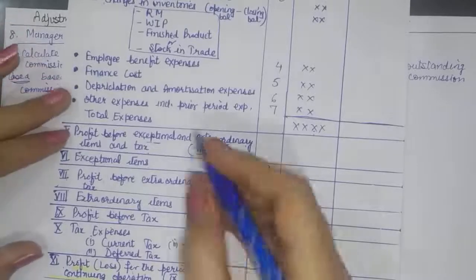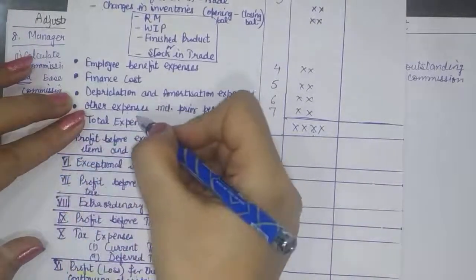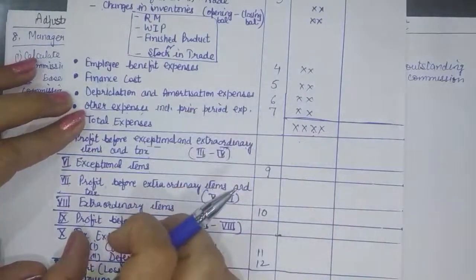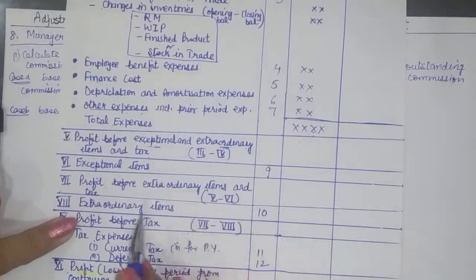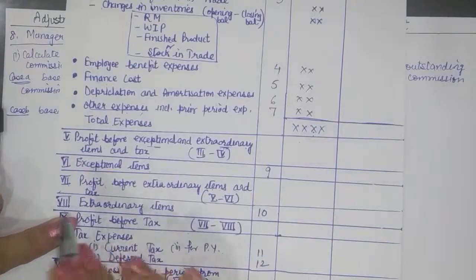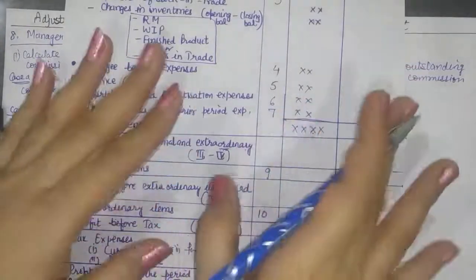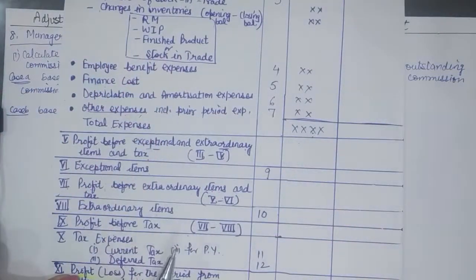Now his commission is to be added here under other expenses, but it is based on the profit. It means that the profit that we are calculating, which is here, will be before tax and before commission, even if we record all expenses, but we have not recorded commission, because commission is based on profit here or here.